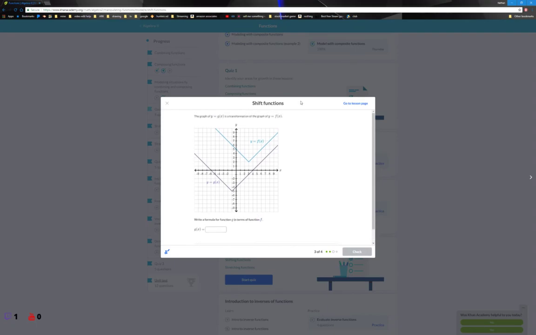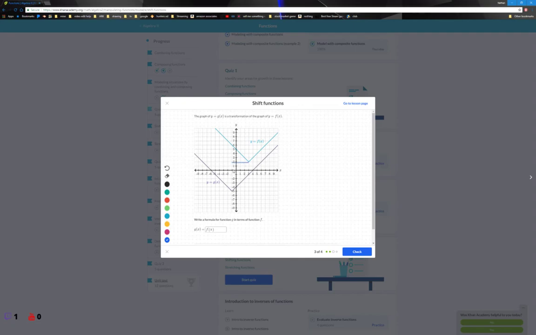So in terms of f, we have y equals f of x, and then we want to do our horizontal shift first.